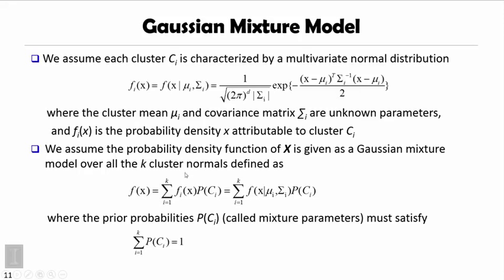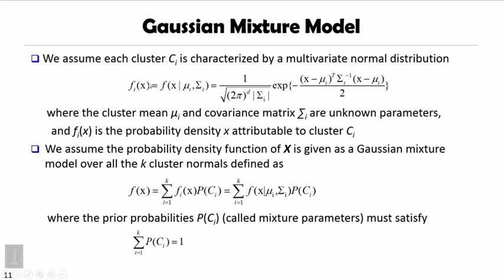Then we assume the probability density function of x is given by all the k cluster normals of a Gaussian mixture model. That means the density function f of x is essentially defined by the summation over all the k clusters. For each cluster, the density function is f sub i of x, and the probability of this cluster is P of C sub i.